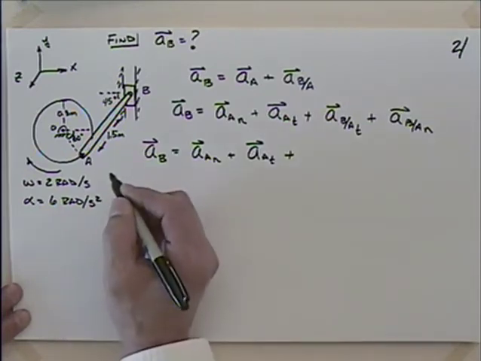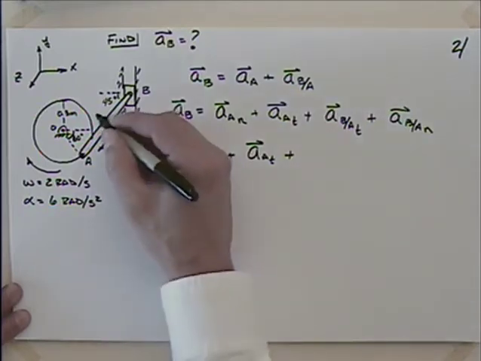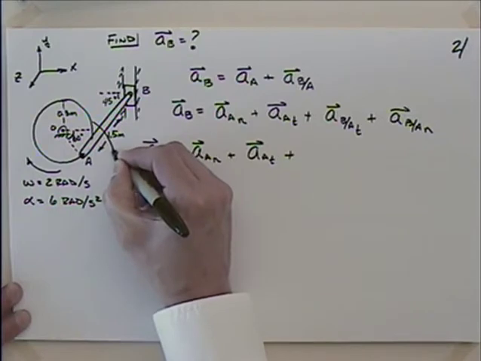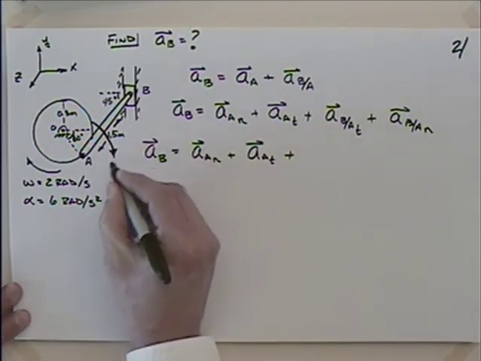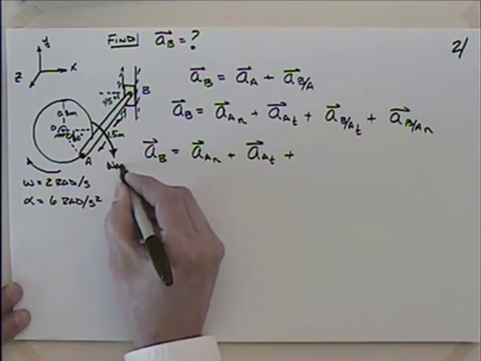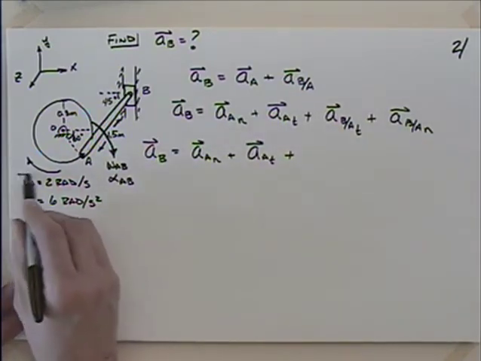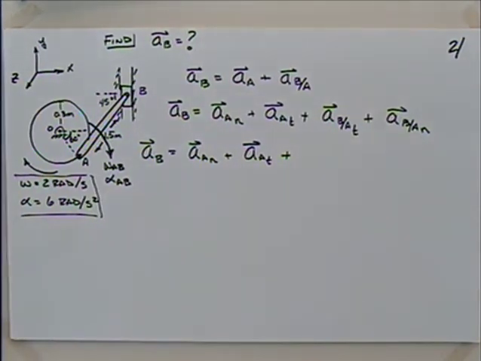Well, if I assume an alpha and omega for this link, so let me just take that this has some, I'll take this as omega AB and alpha AB. Not to be confused with these values over here. Those are given for the disk or the wheel.